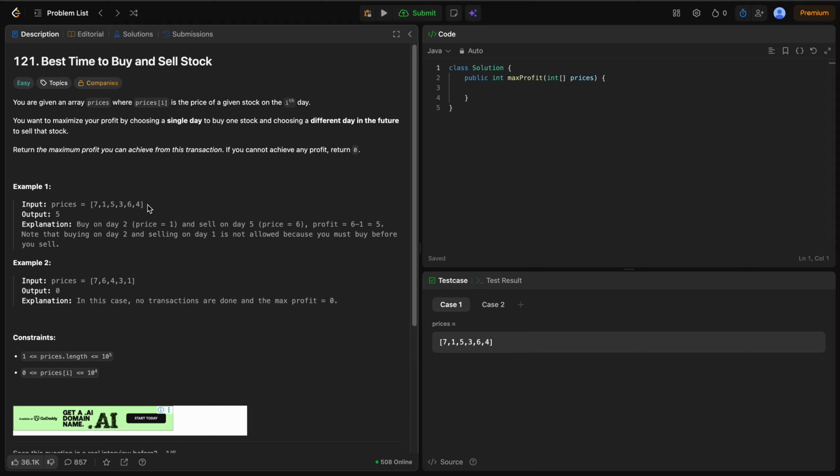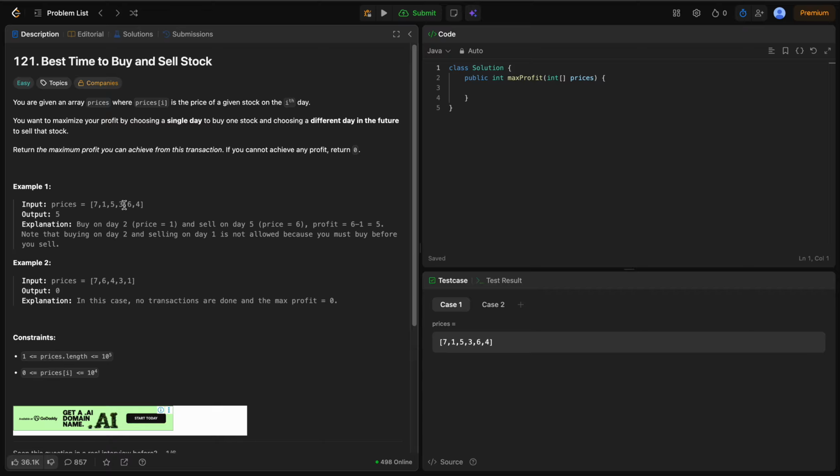Out of these many days, I need to choose one day to buy my stock. And they mention choosing a different day in the future to sell that stock. So observe, guys, they highlighted this single day as well as a different day in the future.